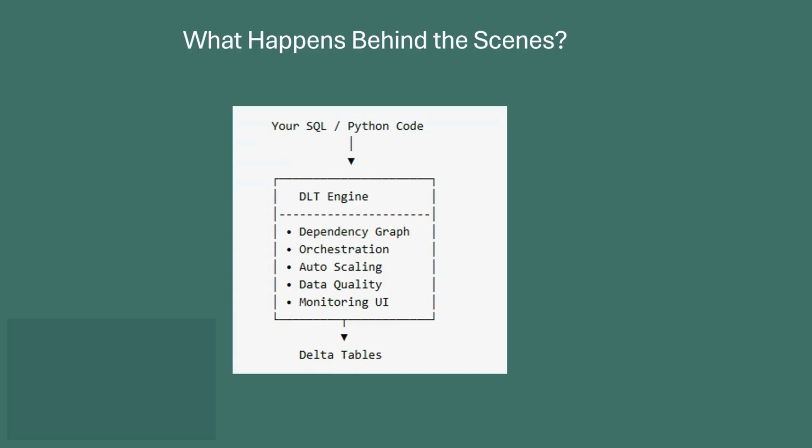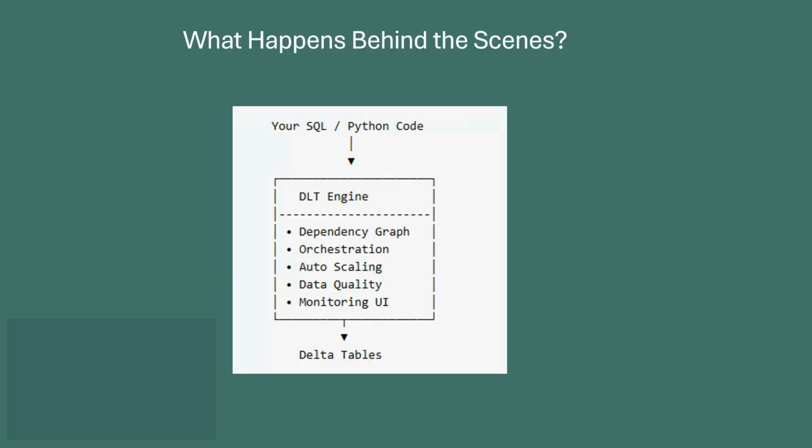Think of DLT as a declarative way to define and maintain your data warehouse or lakehouse layers. Instead of writing scripts to process data step by step, you just define the tables and their relationships, and DLT keeps everything up to date. It supports streaming and batch data.